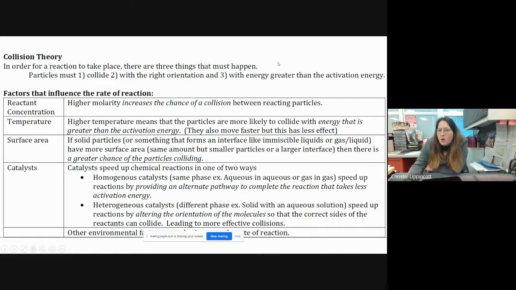So a sample that is broken up into many, many little pieces versus a big chunk of something, the smaller thing is going to have more surface area by volume than the one big chunk. And that's hard to conceptualize. What does immiscible mean? Immiscible means that it doesn't mix.